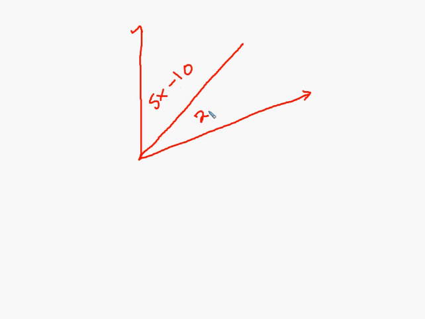So let's say I have this angle right here, and I say this is 5x minus 10. Let's say this is 2x plus 15. Again, I made up these, so who knows what'll happen. Anything can happen.